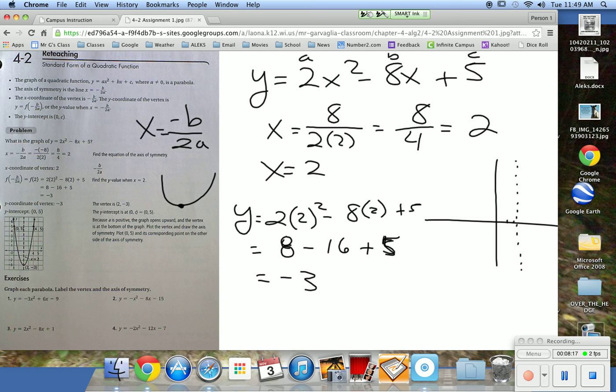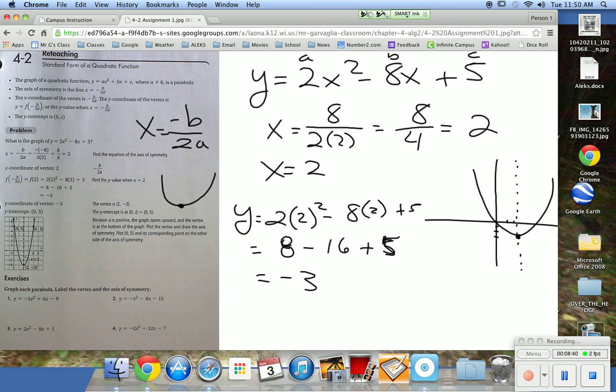So we know that at 2, we go down 1, 2, 3. Right there is our vertex. See where our vertex is at, where y equals minus 3 on this axis of symmetry? We know our graph is going to end up going up this way.